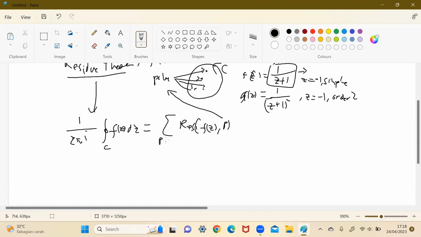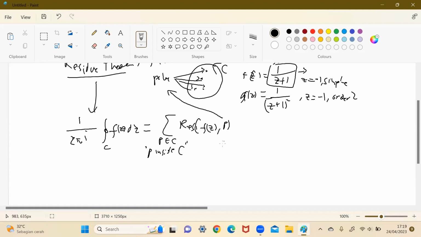Where the P is taken to be inside of C. No, okay, this is actually an abuse of notation. Basically, I'm supposed to say P in the interior of C, of the contour. But because it's too long, I'm just gonna say P in C here.